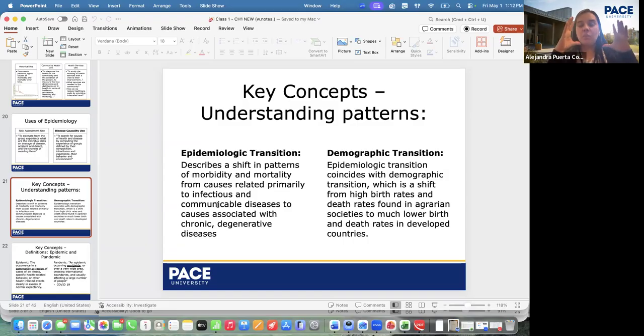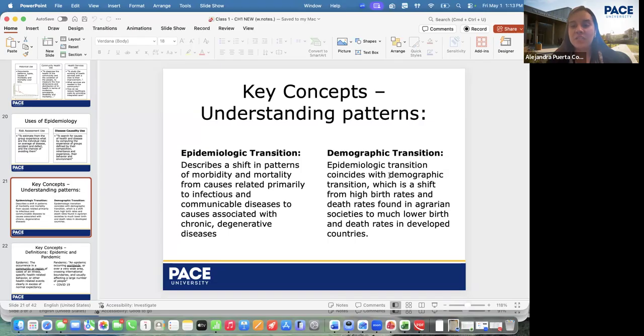Before, in the 1800s, we had more infectious diseases than chronic diseases, right? Life expectancy was lower. Now life expectancy is longer, so we can expect more chronic diseases, right?